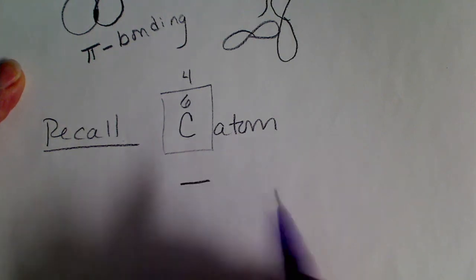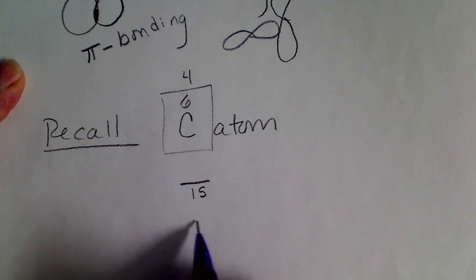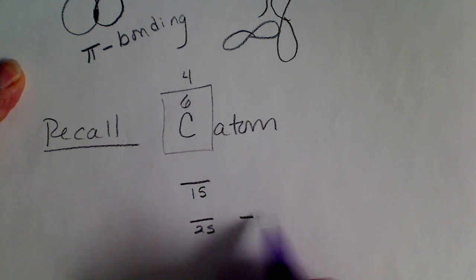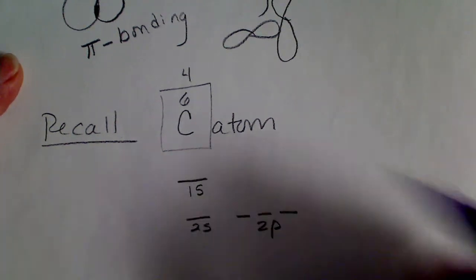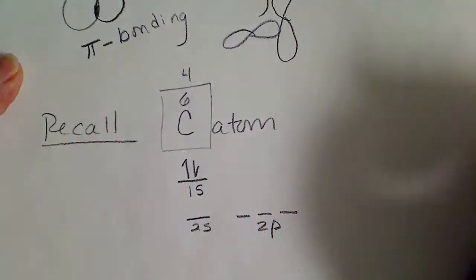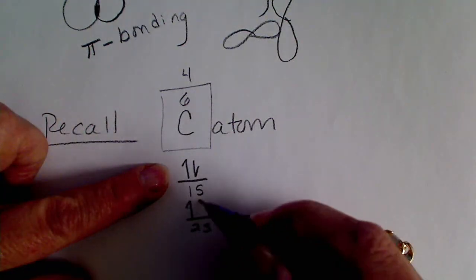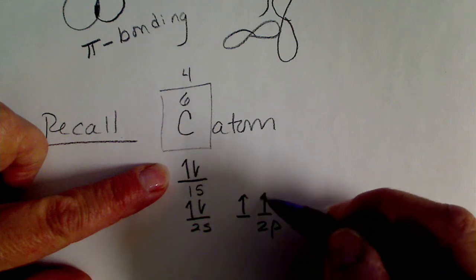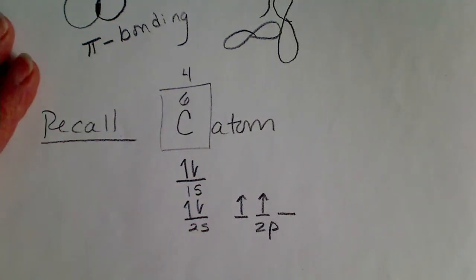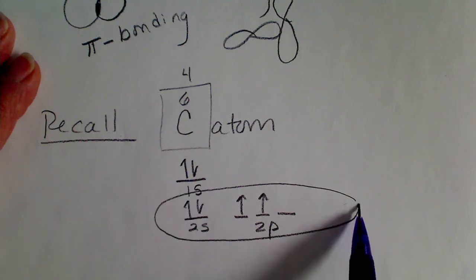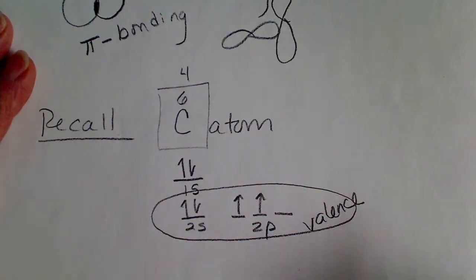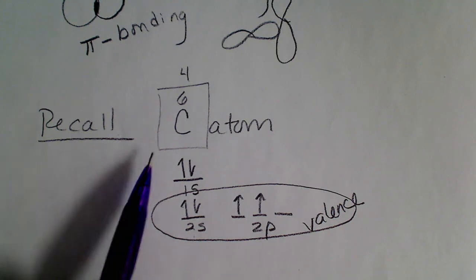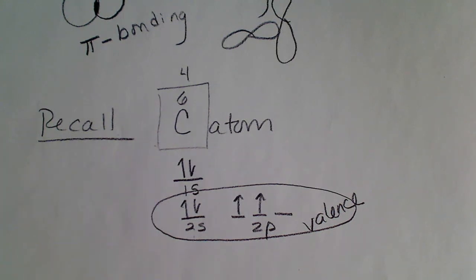If we drew the orbital diagram, we call that a 1s orbital, and then 2s, there are 3 p's in the 2p subshell, 3 p orbitals, and we would put electrons in lowest energy first. 1, 2, 3, 4, 5, 6. So carbon's 4 valence electrons that get involved in bonding would reside in these orbitals when carbon is just an atom all by itself.